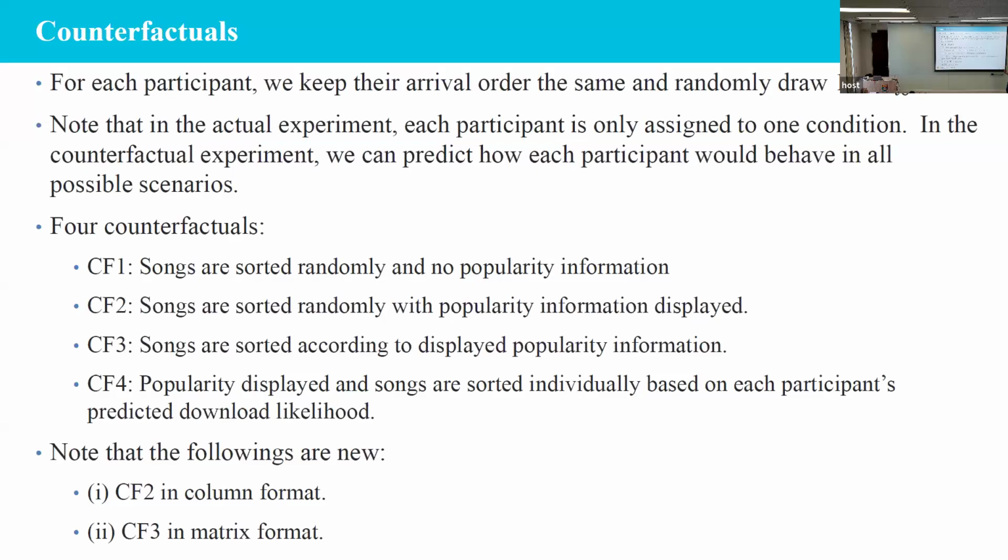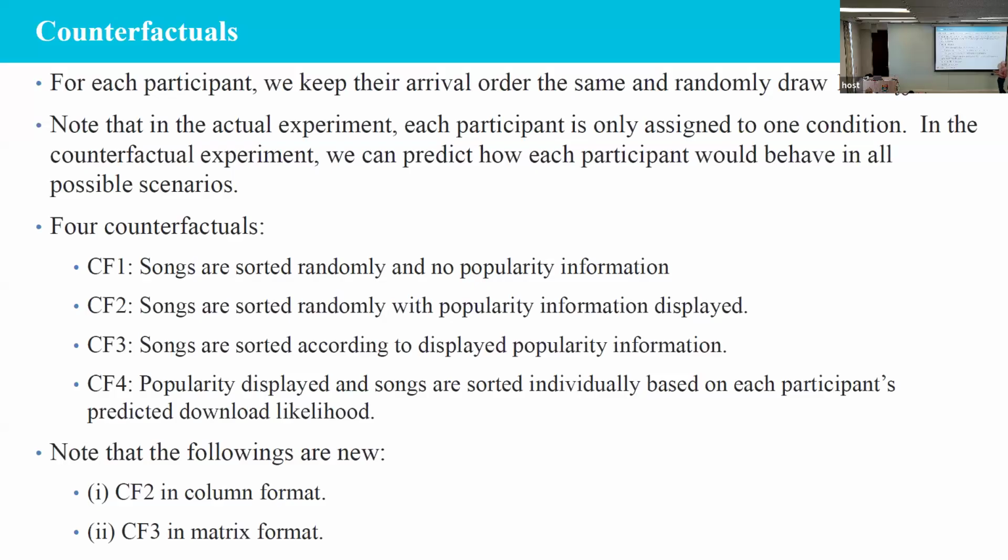Well, they may be interested in playing around with different ways to display the songs, different ways to rank the songs, and different ways to disclose the popularity information. How would they change different outcomes?